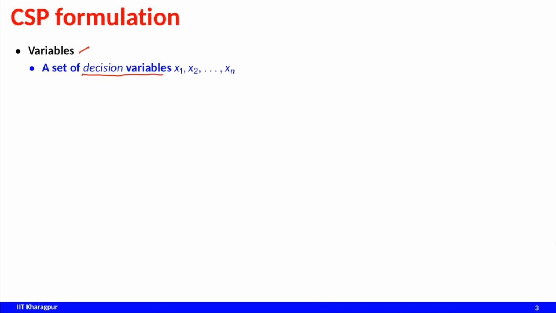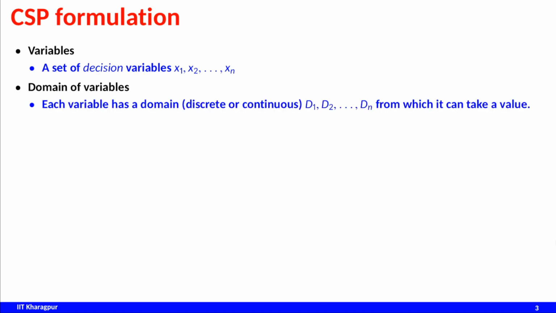That means we define a set of variables x1 to xn, which we have to determine eventually. So these xi's will take certain values from certain domain, and the whole problem will be described around these decision variables. So first is the variables, decision variables.